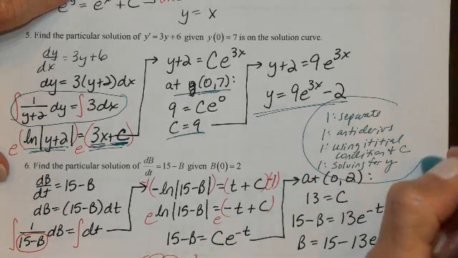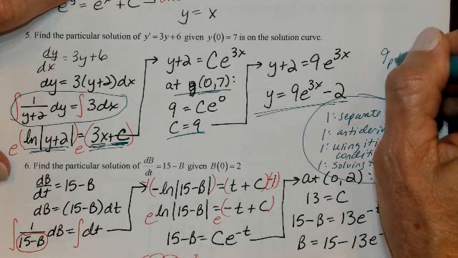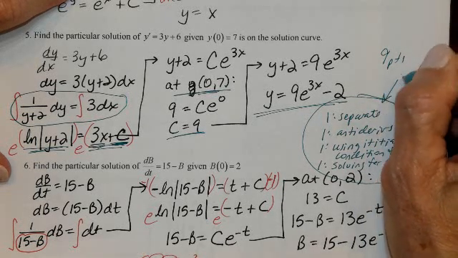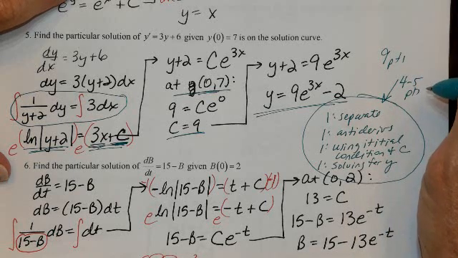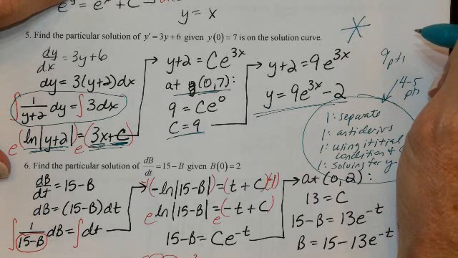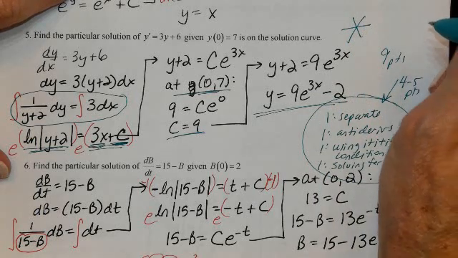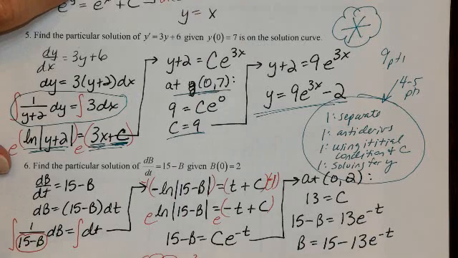That's a lot of points for an FRQ. An entire FRQ is only worth 9 points. So if one part gets you 4 or 5 points, that's huge. So you really do need to know how to solve a differential equation. All right, so your turn to practice.